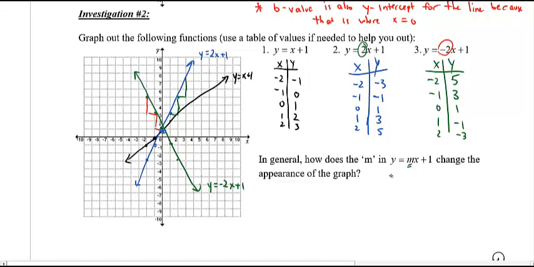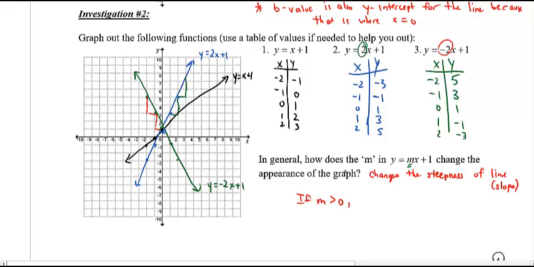So what change does that make? It changes the steepness of the line, which really just means the slope. And notice that if the m value was bigger than 0, you have a positive sloping line.